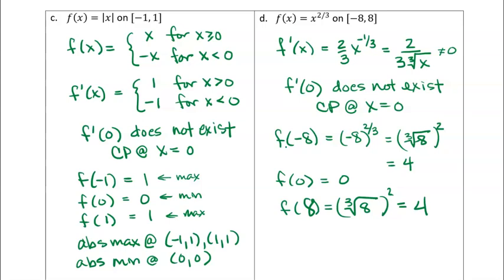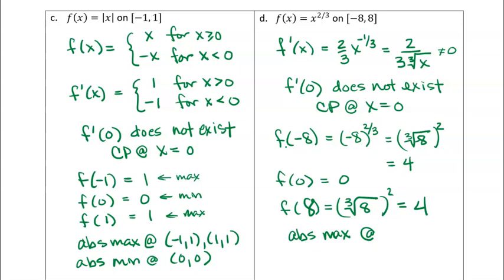All right, so the final conclusion is that we have an absolute maximum, we have 2 of them, right? We have 2 of them because it reaches a value of 4 at 2 different points.